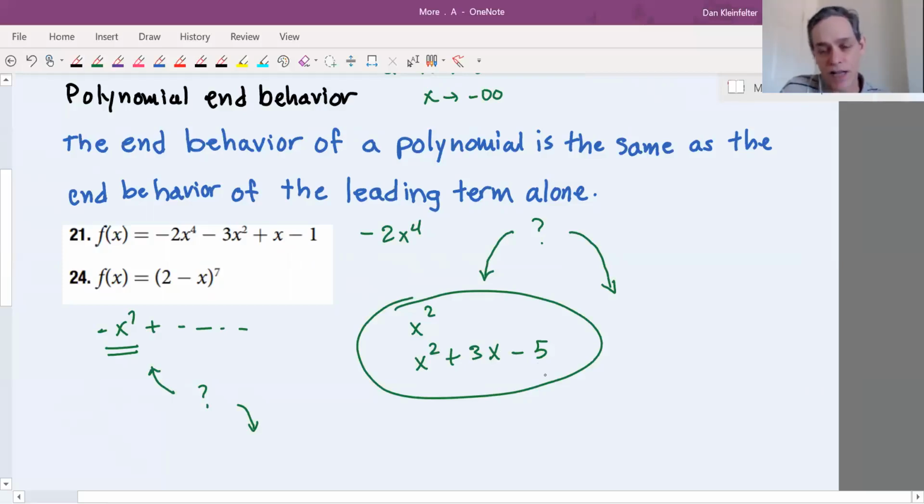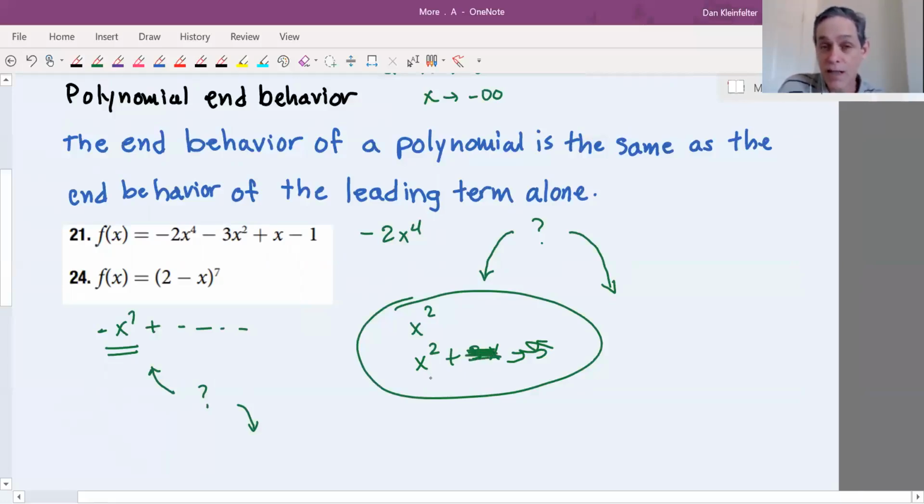If $5 falls out a hole in your pocket and you've got 3 billion, you're not going to probably notice that 5. So the minus 5 is relatively insignificant compared to the x squared and the 3x. Although again, if you have a billion squared plus 3 billion, 3 billion is a really big number, but a billion squared is so much bigger than 3 billion that in a way we could neglect that 3 billion as well.